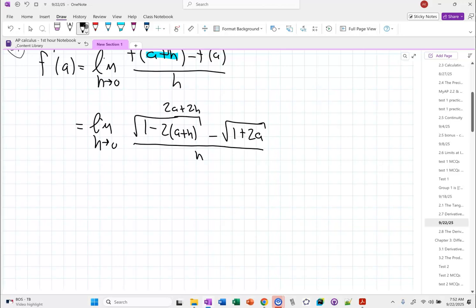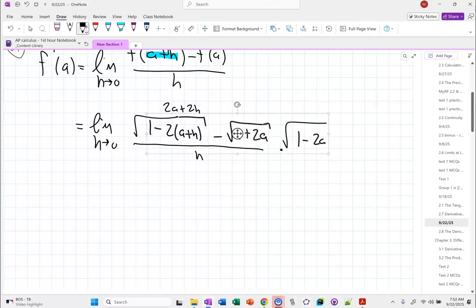So we've got to find some way to clear that indeterminate hurdle here. If I have radicals, and it's indeterminate, what's kind of our go-to method? Multiplying by a conjugate, right? So that's what I'm going to do here.